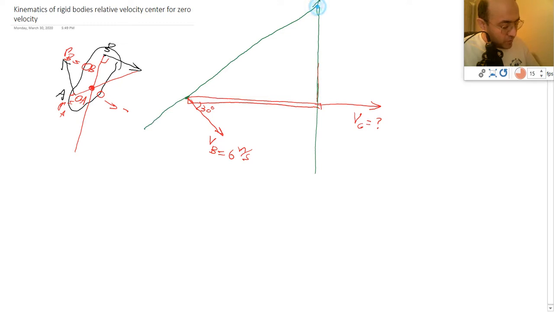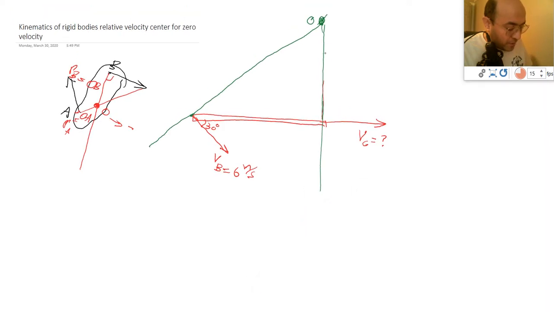If you continue, you end up at point O, the intersection of these two lines. How do we do that? You take the velocities at their points of action and draw a line perpendicular to each one. This one I'm going to call RC, and this was point B, so I'm going to call this one RB.